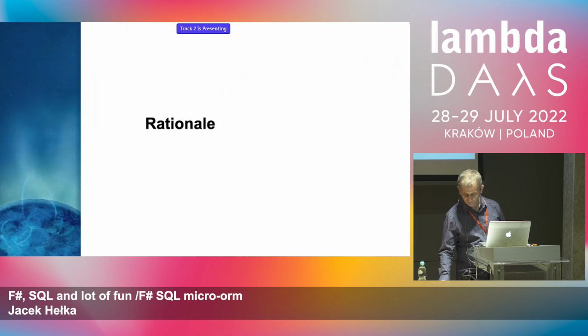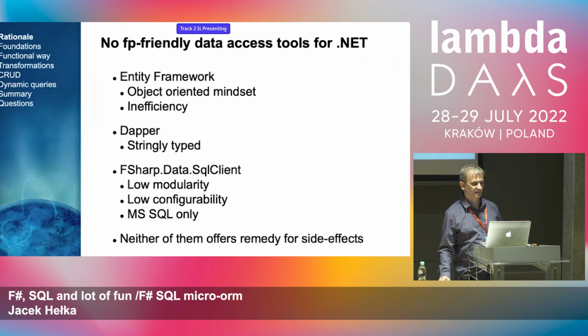What was the problem with existing tools? When working with the .NET platform, there are some obvious choices. When we choose a data access framework, we always consider Entity Framework first.